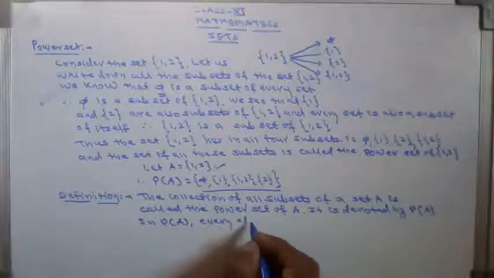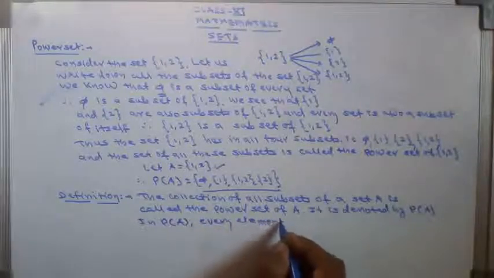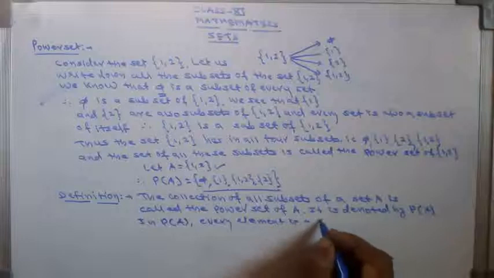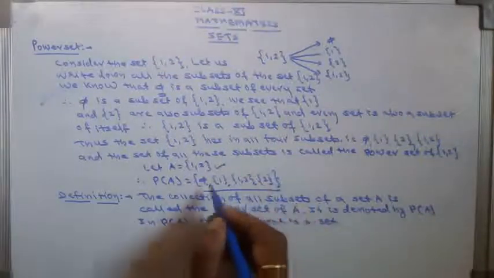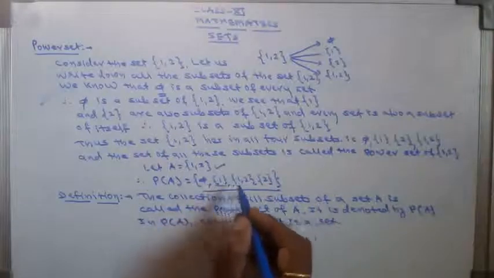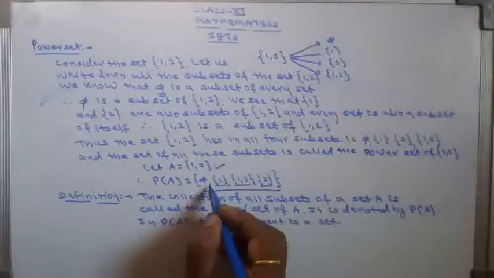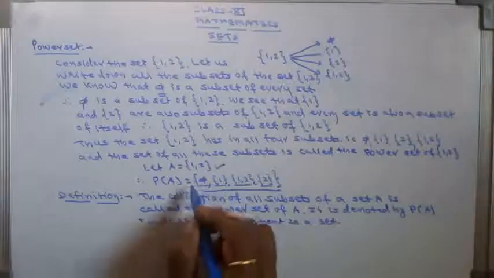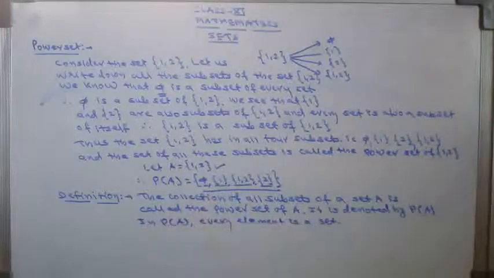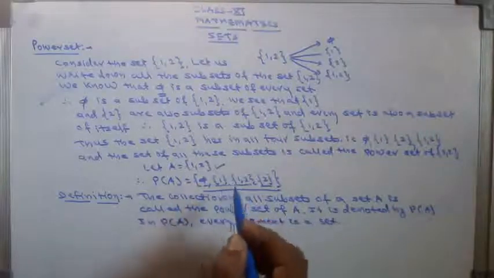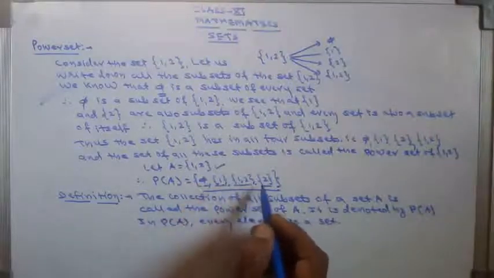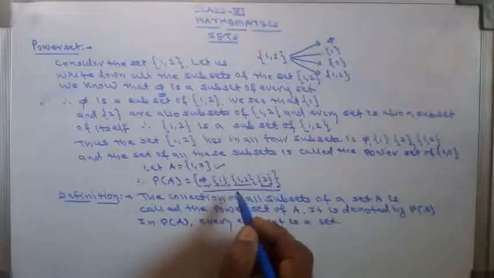See here, the power set of A is a set of these subsets. This is a set, this is a set, this is a set, this also a set. So it is a set of all subsets. Therefore every element is a set.